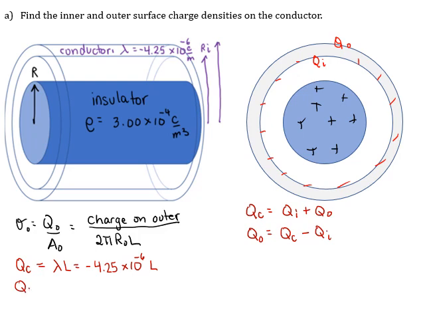The charge on the inside surface is something we found in the previous step. That was minus 2.356 times 10 to the minus 6 times L. Let's put this together to find the charge on the outer surface.